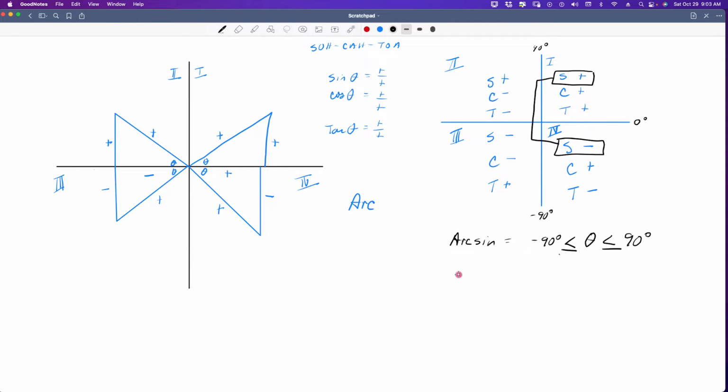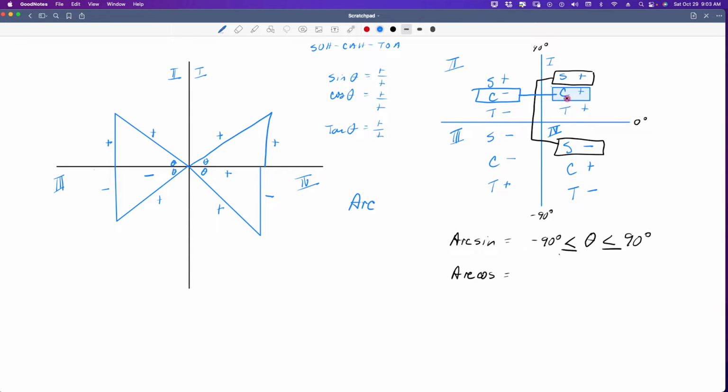Okay. Our arc cosine, the limitations for that, put this in blue. For this one, we have a positive here, but this is positive. We don't want that. We want to go ahead and do a negative. So we have a positive and a negative right next to each other here, 1 and 2.